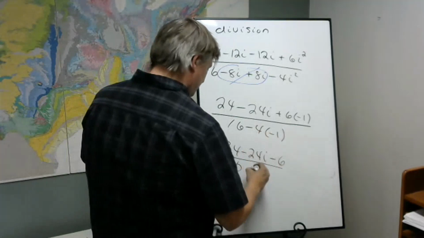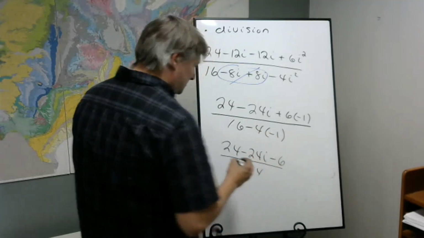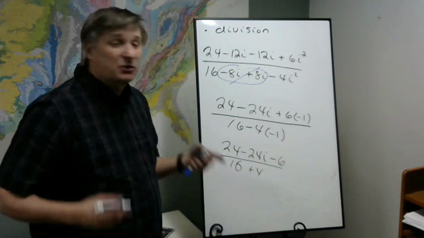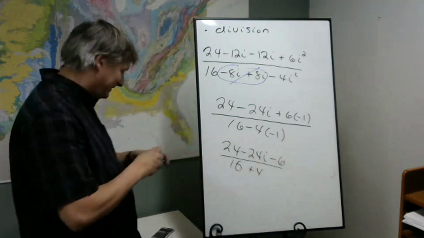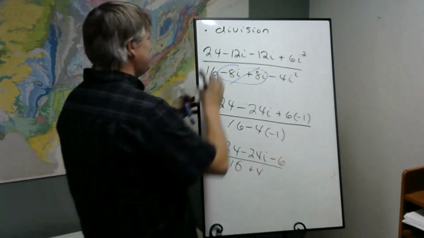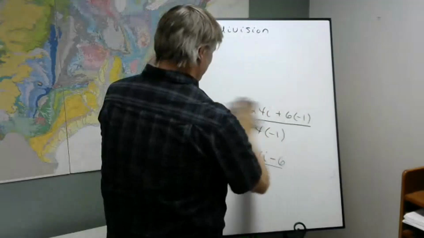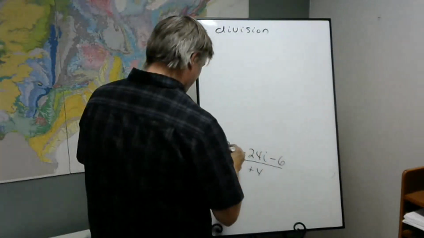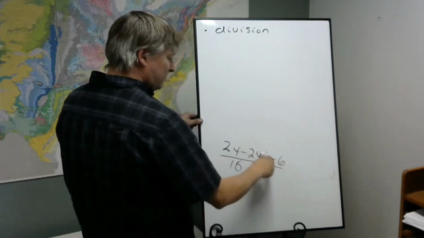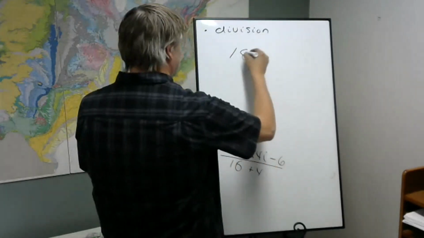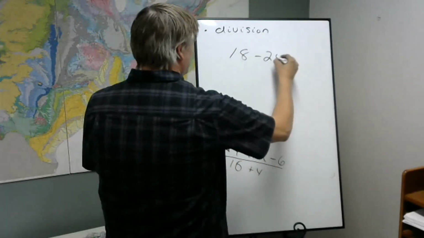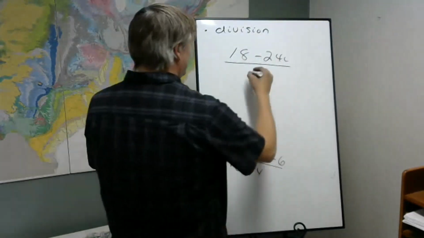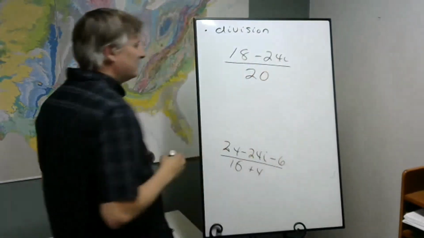Negative and negative is positive. So sure enough, 4 squared is 16, 2 squared is 4. The shortcut works. So 24 minus 6 will be 18 minus 24i divided by 16 plus 4 is 20.